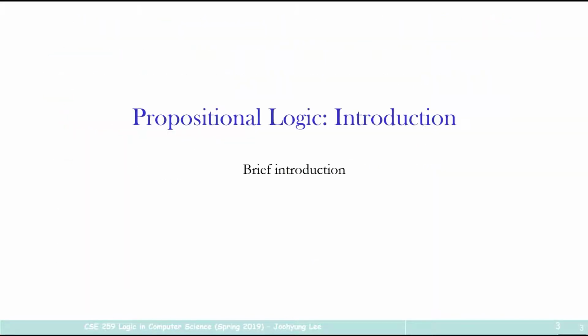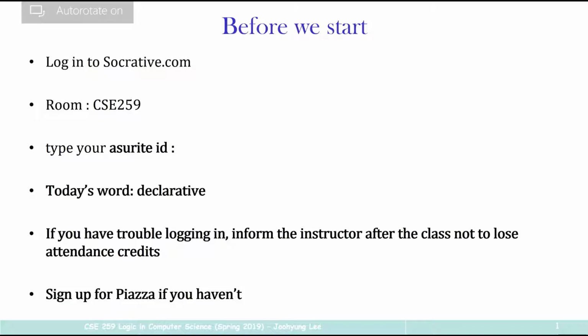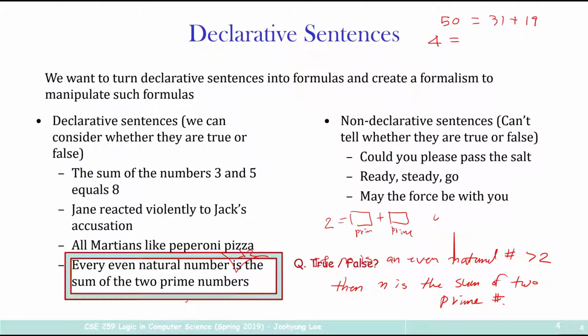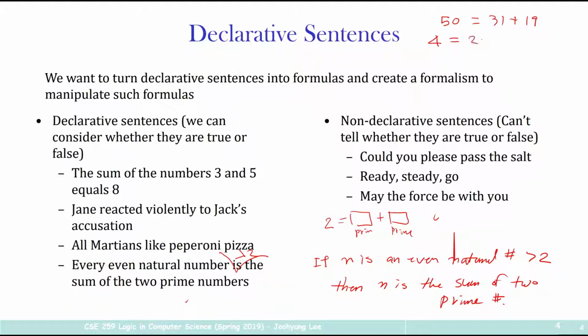Let me actually close this. Okay, so 4. 4 is equal to, what are the 2 prime numbers that add up to 4? Not 2 different prime numbers. We didn't say these 2 prime numbers should be different, right? So 4 is equal to 2 plus 2. Okay? So that seems to be working.